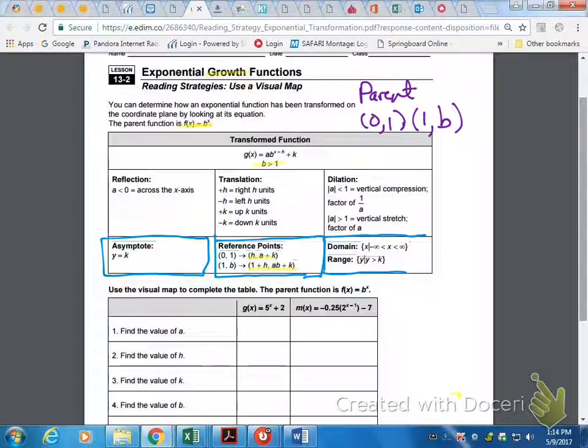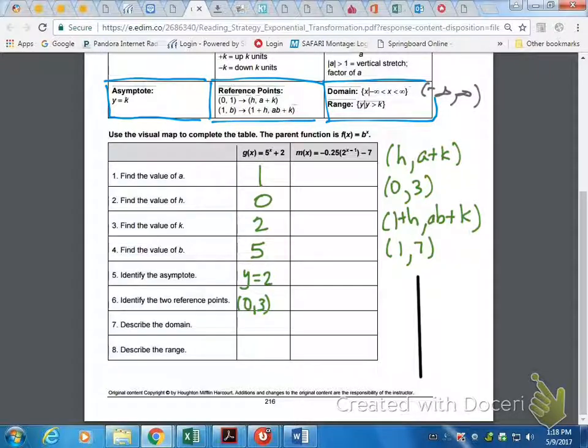One thing I want you to do on the domain is change that. Instead of doing this, I want you to do negative infinity to positive infinity. Make it longer.